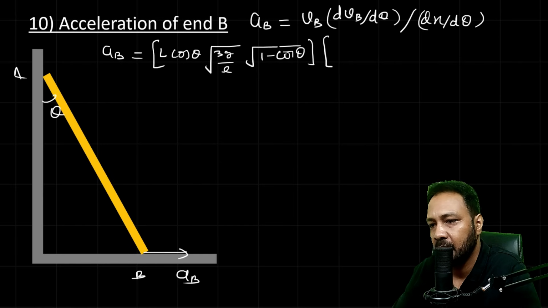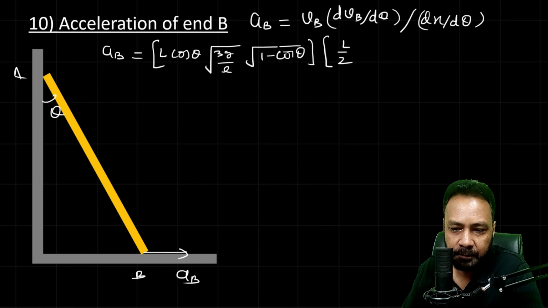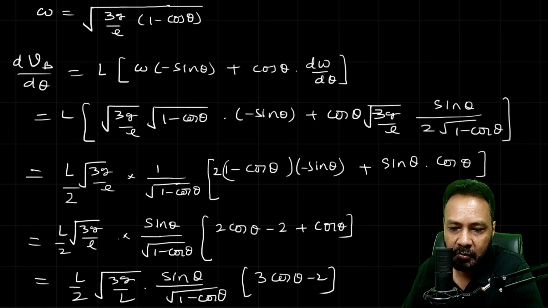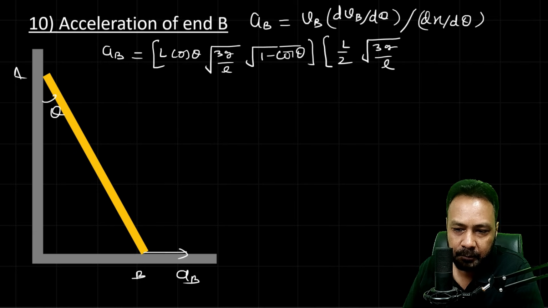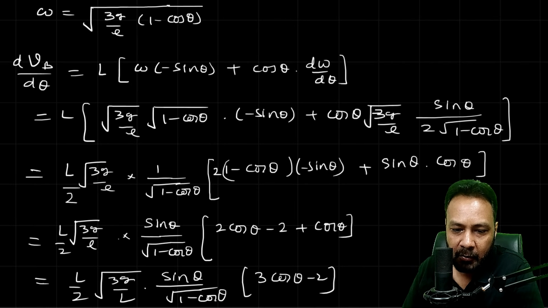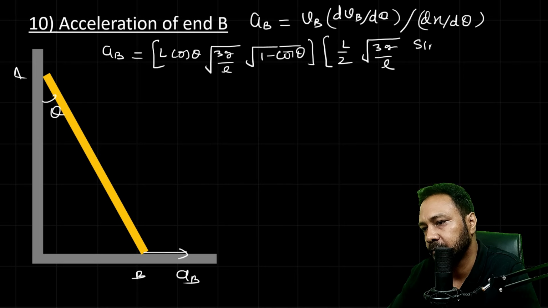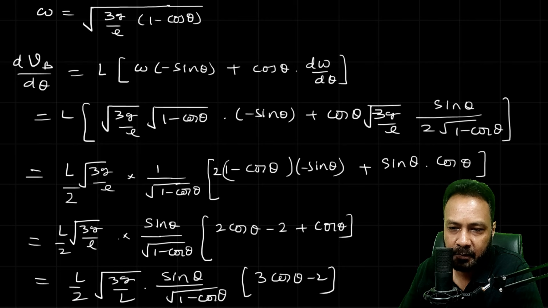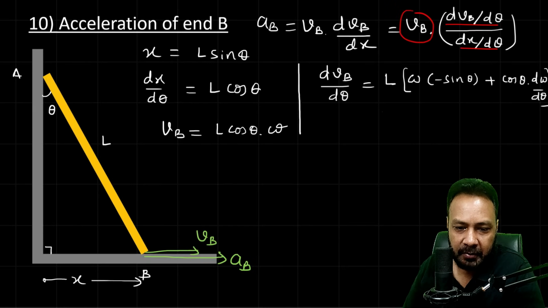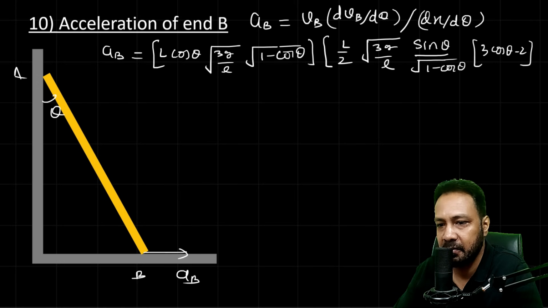This is L by 2, be careful, L by 2 square root of 3g by L into sine theta divided by square root of 1 minus cos theta into 3 cos theta minus 2. Let me check it. Yes. And dx by d theta is L cos theta.